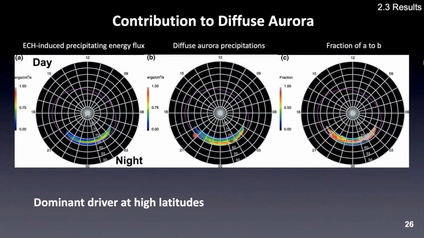And especially considering that these higher latitudes map to the magnetosphere at greater than 8 RE, that's the region where whistler waves cannot be easily generated without injections. But these ECH waves can be almost semi-permanently there because of their different generation mechanism. In short, we showed more convincingly in the line plot that the ECH waves play a more dominant role for the diffuse aurora precipitation at higher latitudes.